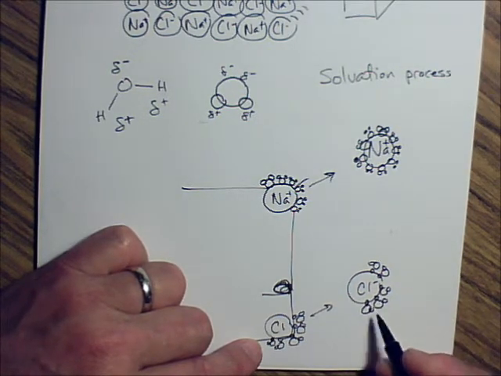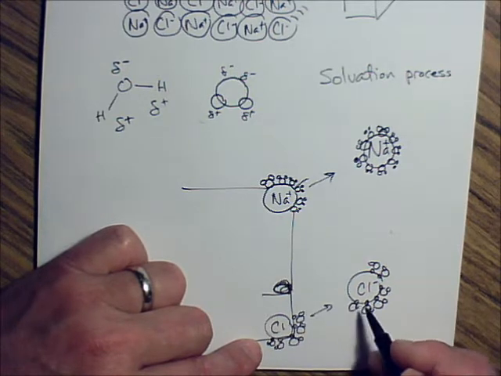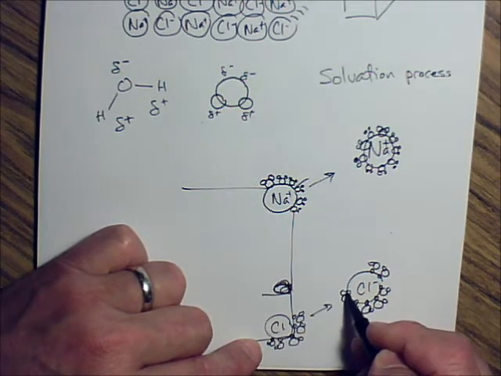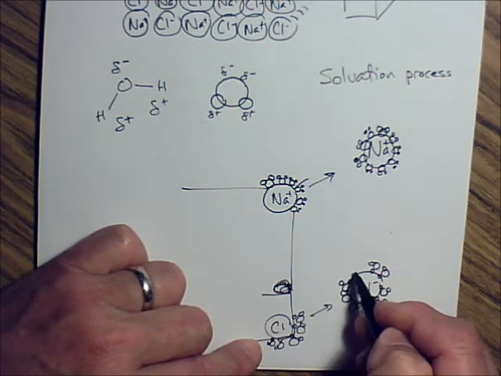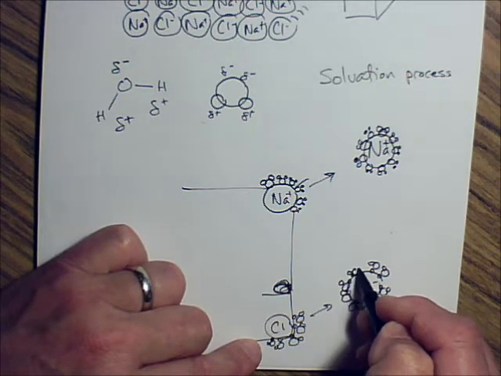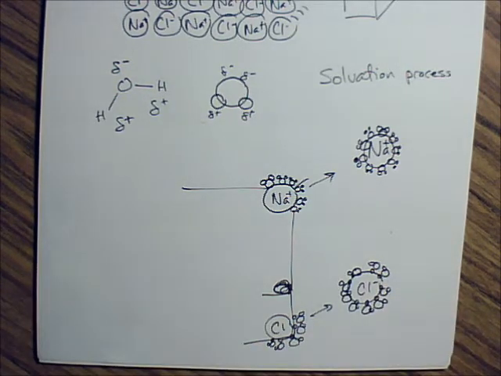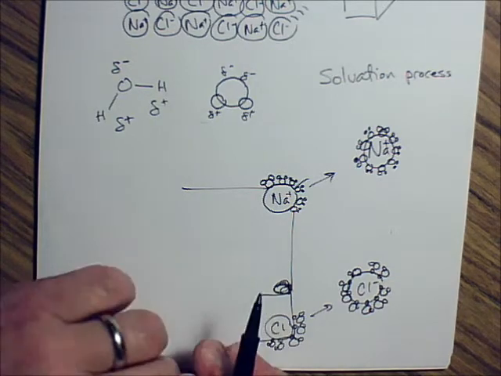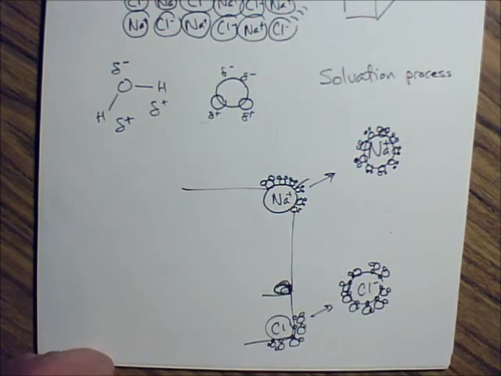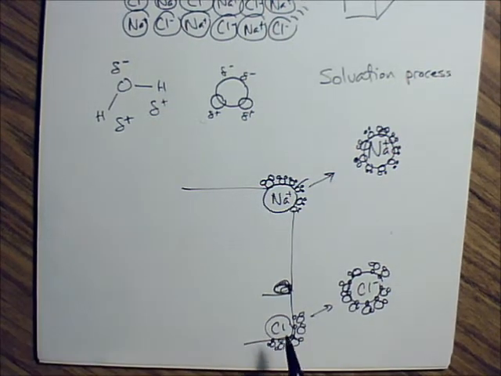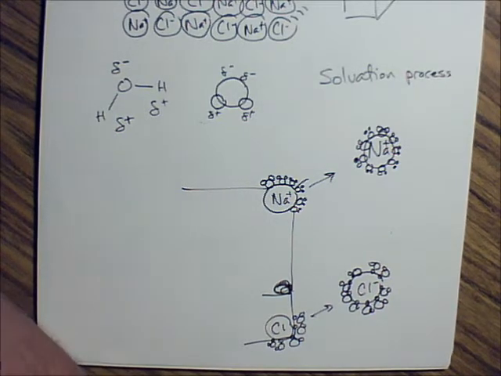So remember, the small circle I've got here is the hydrogen end. And it completely surrounds it, encasing it, providing a kind of skin or shell of water molecules around it. And this is the solvation process for a chlorine ion.